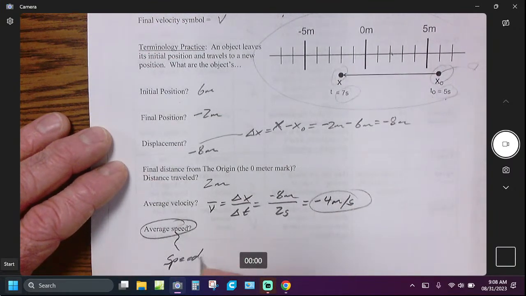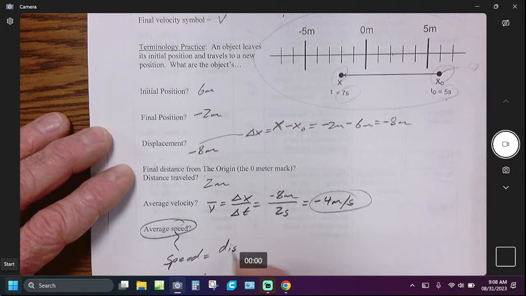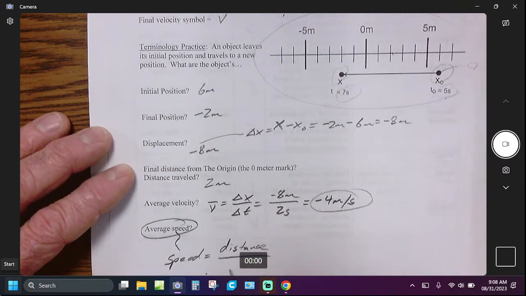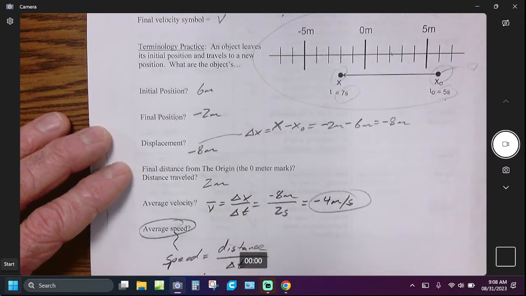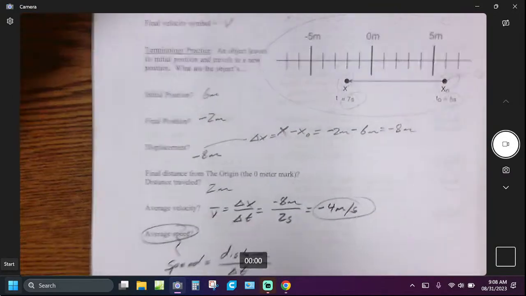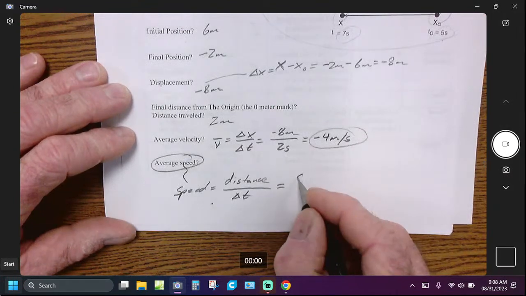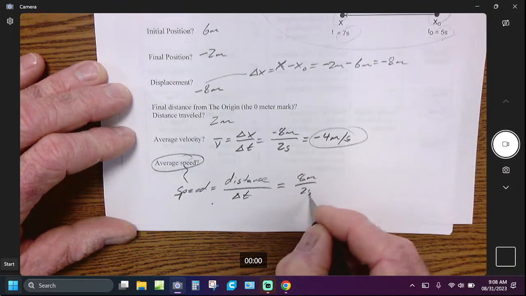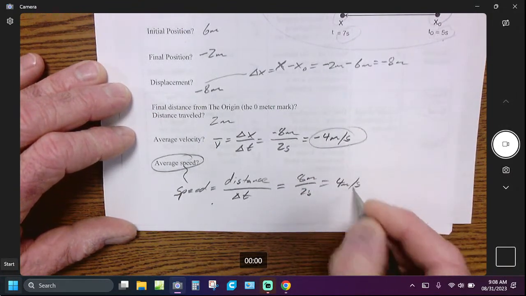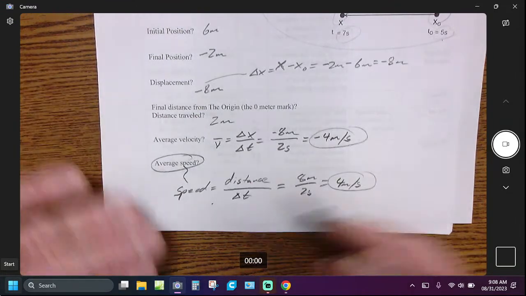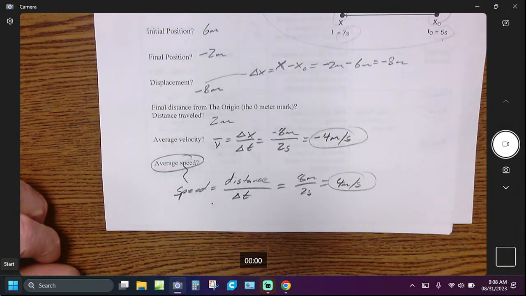Speed is distance over time. Oh, sorry about that. So instead of -8, it's just going to be 8 meters in 2 seconds. So 4 meters per second. Most of the time, speed is just going to be the negative or the absolute value of velocity.